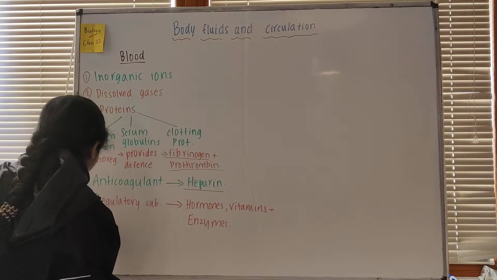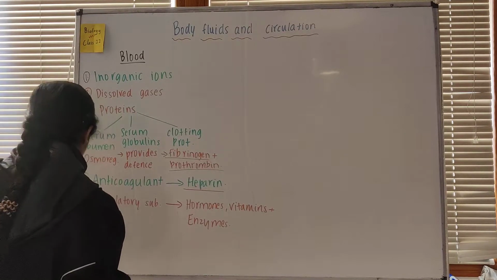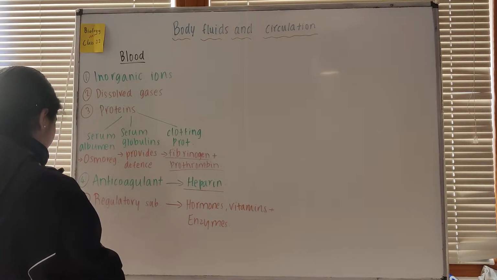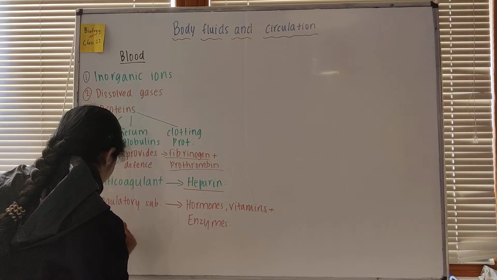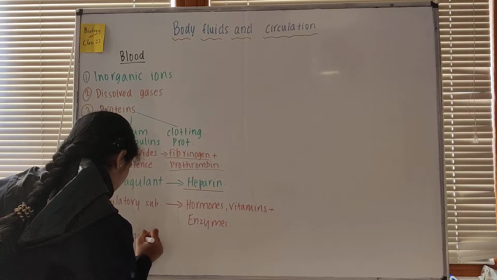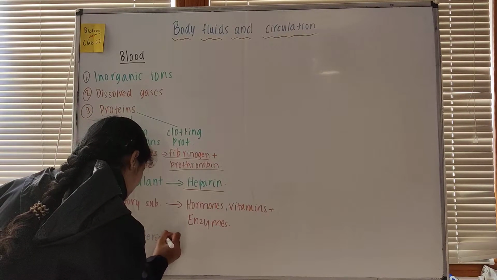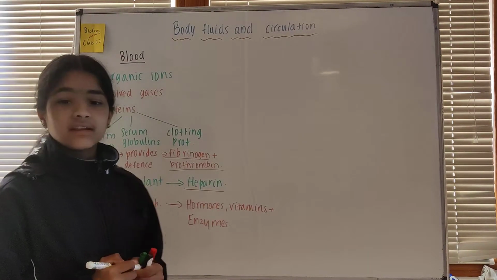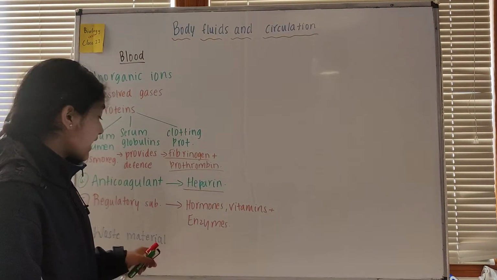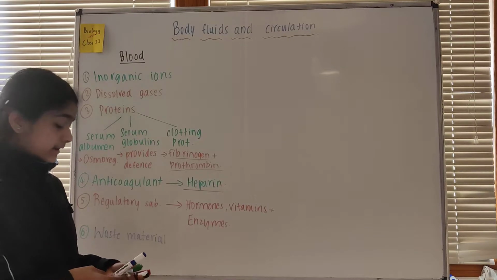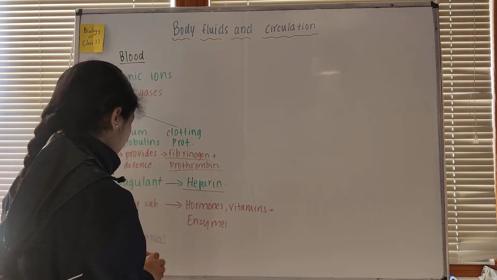We also have some waste material. Waste material, that is, we have urea, uric acid, we also have some ammonia, creatinine, all those waste materials. So we can list them here.